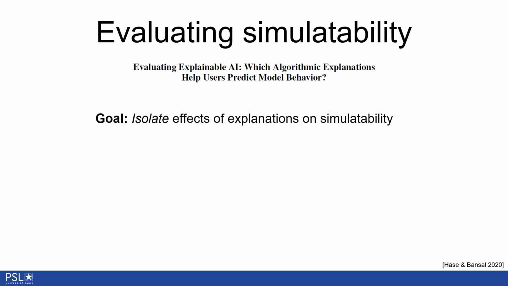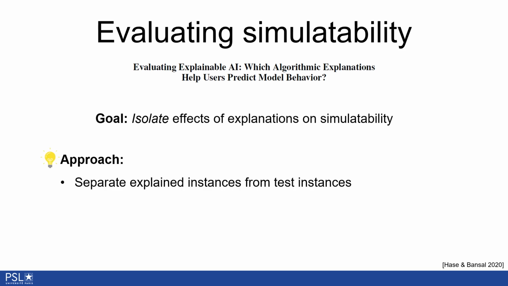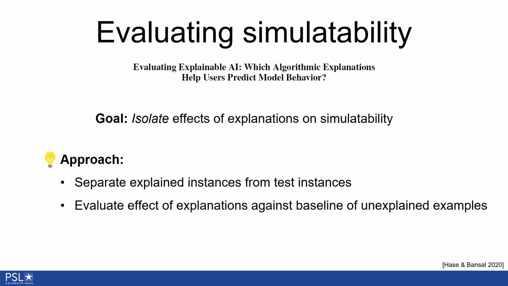The goal was to design a human user study that allows to isolate the effects of explanations on the subject's ability to mentally simulate the model and predict its output. The approach they developed was to first separate explained instances from test instances and then evaluate the effect of explanations by comparing explained instances against a baseline of unexplained examples.